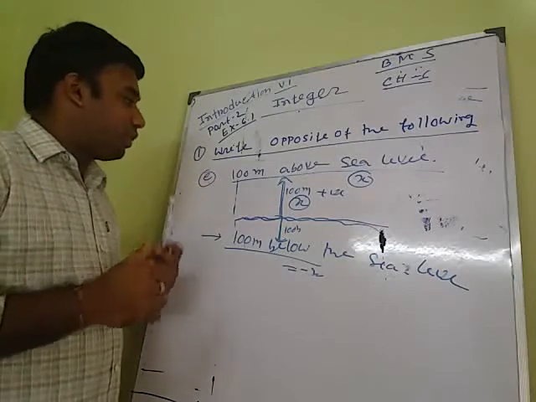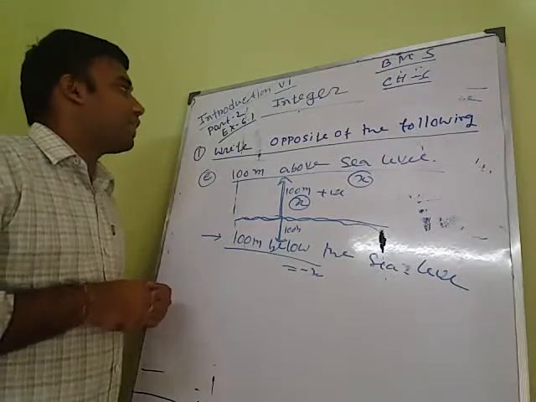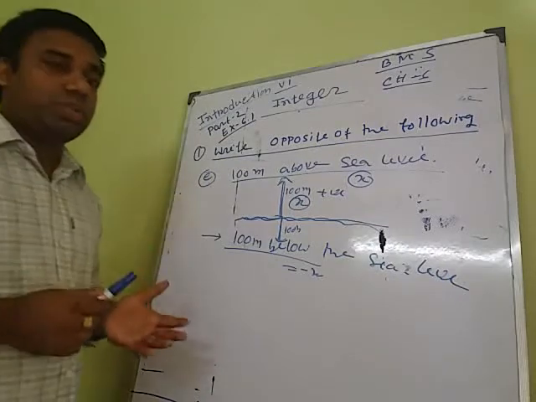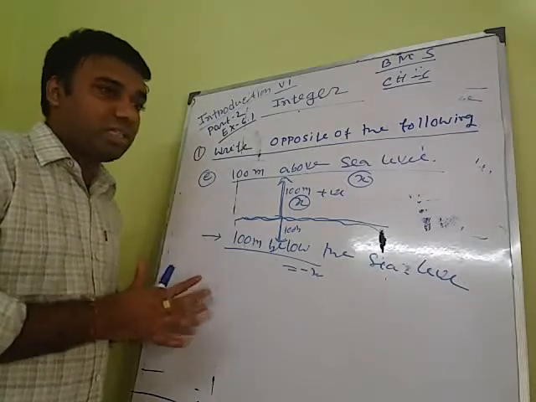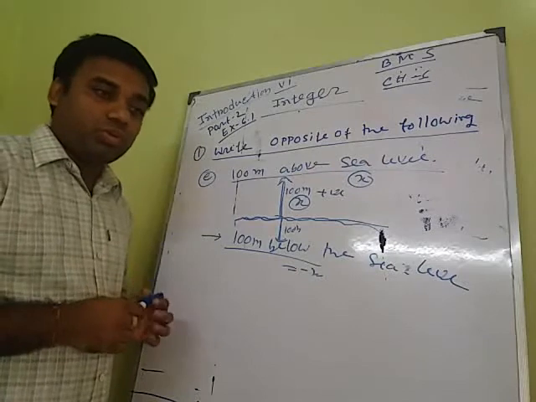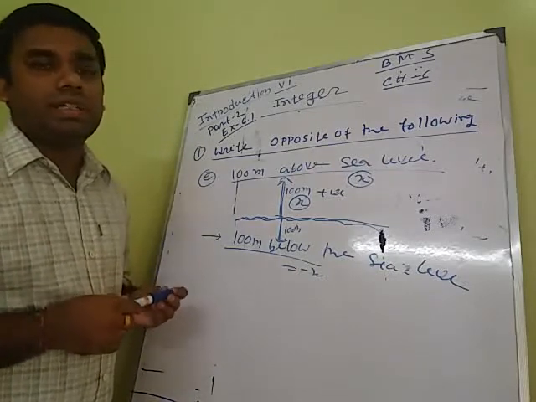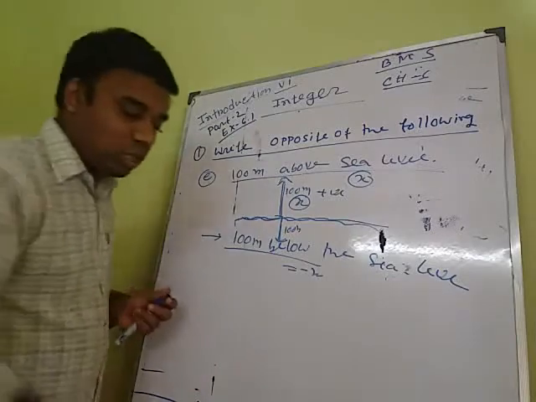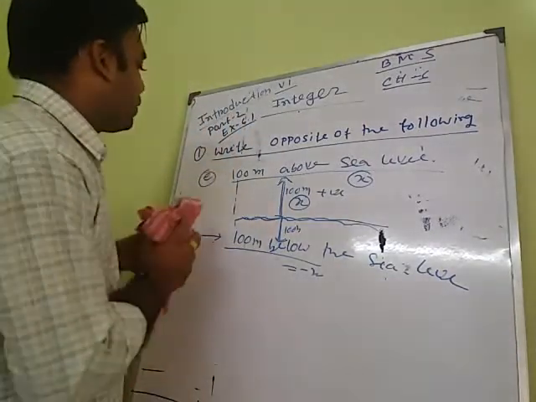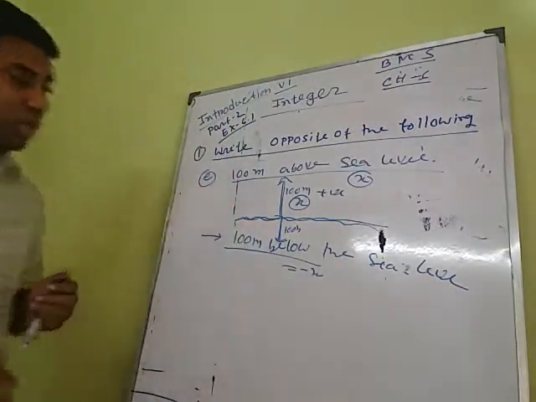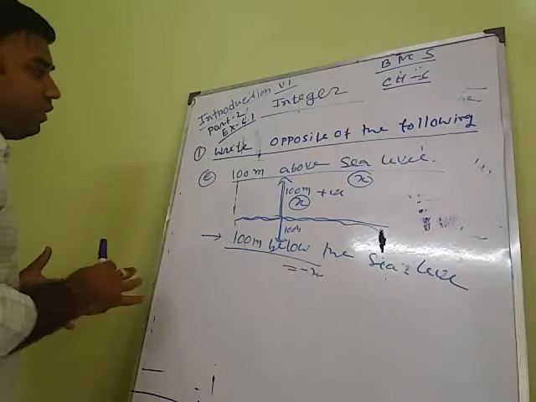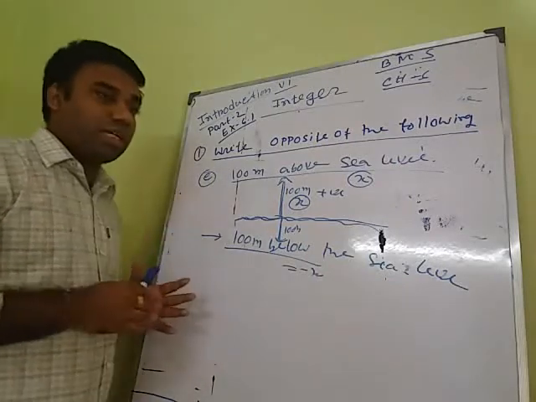That's how we have solved question number 1 of exercise 6.1, the opposite statements. From these questions we have to develop our concept of positive and negative. Students, in today's class I have solved question number 1, where statements were given, and we solved the parts one by one.